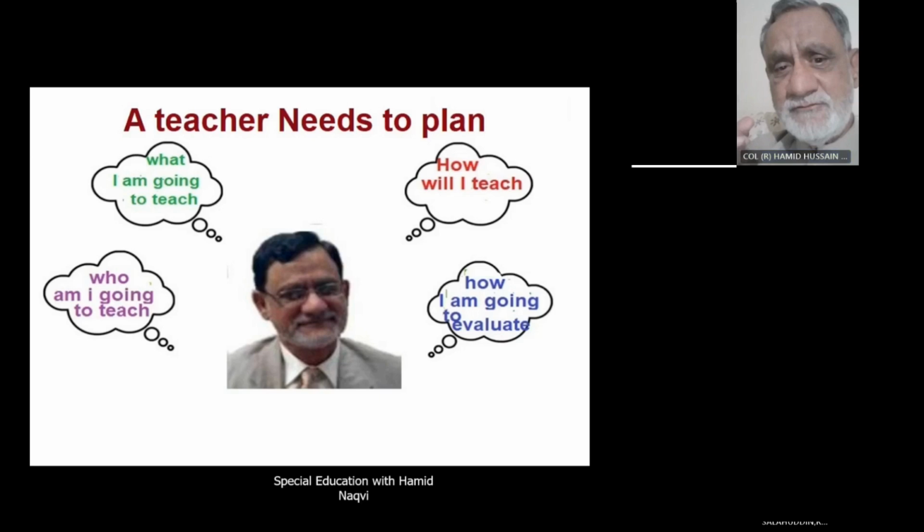Third question. How will I teach? How will I teach? That means methodology. What method would I use? I'll think, okay, I'll pick up the book and tell the students to open the relevant page where there's the poem Daffodils, and I'll go for a model reading first.